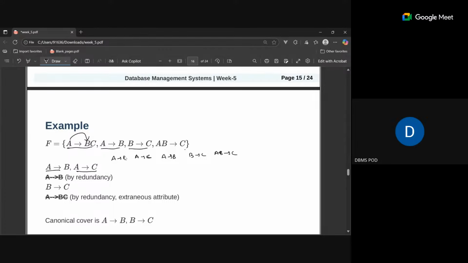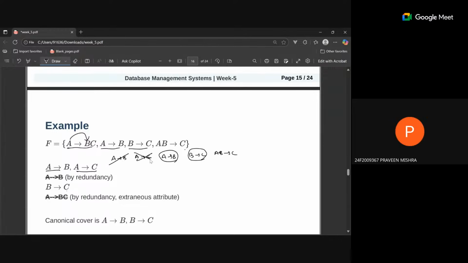I can remove one of them since it's a duplicate, right? Now A determines B and B determines C, so I can remove A determines C also. I remove this.